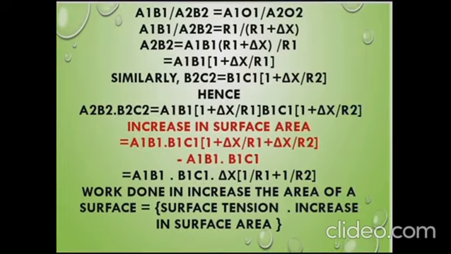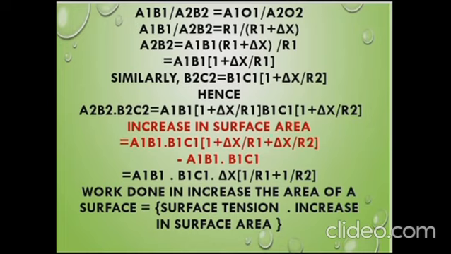So A1B1 divided by A2B2 equals A1O1 divided by A2O2. Next, A1B1 divided by A2B2 equals R1 divided by R1 plus del x. So A2B2 equals A1B1 into R1 plus del x divided by R1, equals A1B1 into 1 plus del x divided by R1.